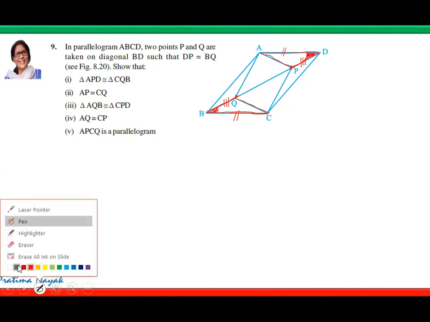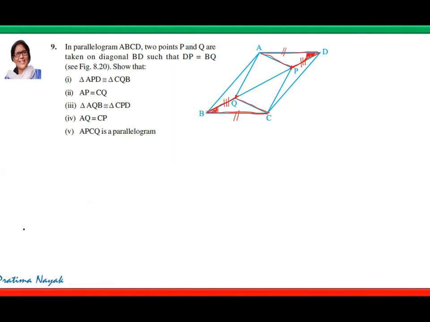So now I'm writing. Part 1. In triangle APD and triangle CQB, first I'm writing AD is equal to BC, opposite sides of the parallelogram. BQ is equal to PD, it is given.